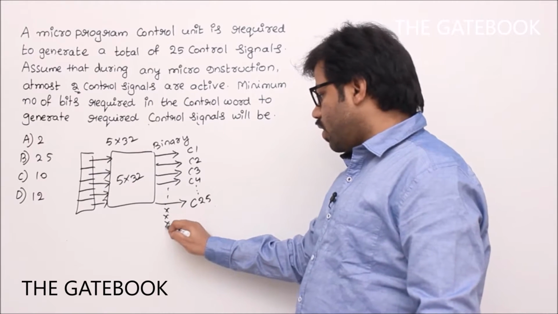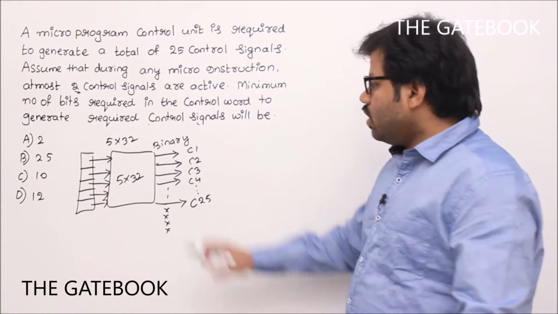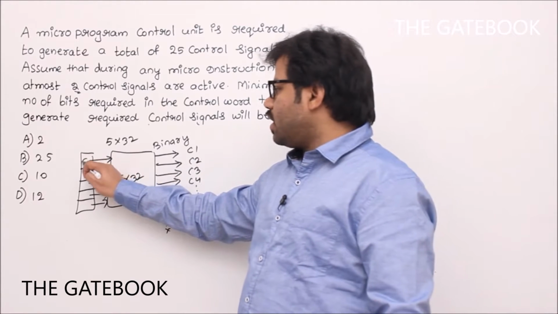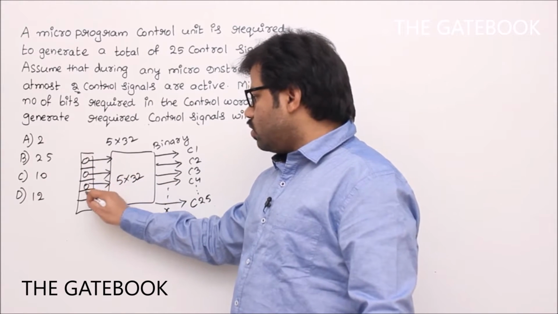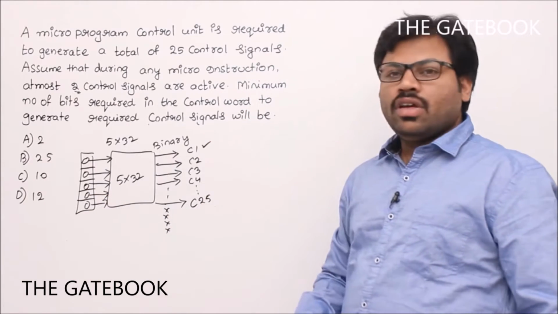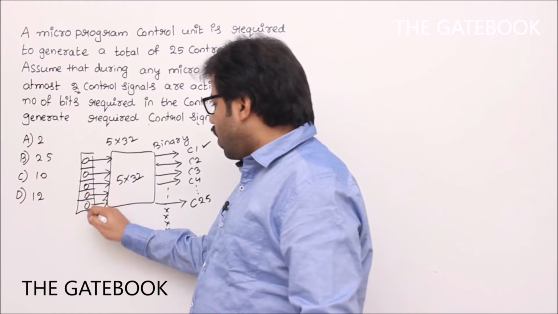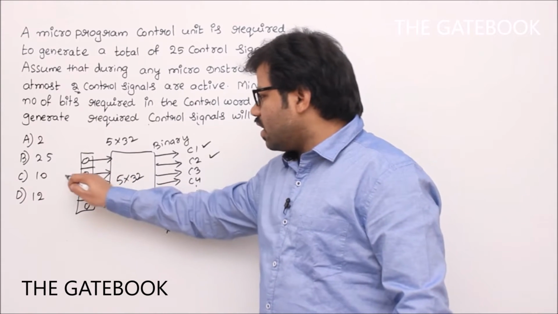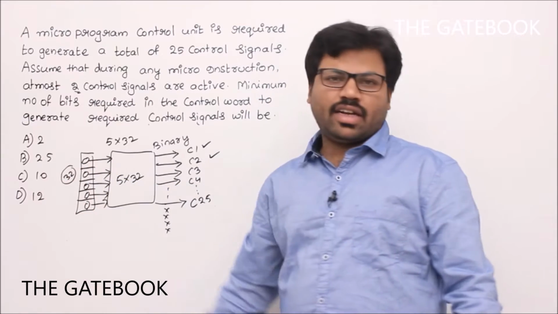Remaining I ignore. Now how this decoder works is, for example, if you represent in your control word 00000, then C1 will be active. If it is 00001, then C2 will be active. That means there are 32 patterns. You should understand that, right?